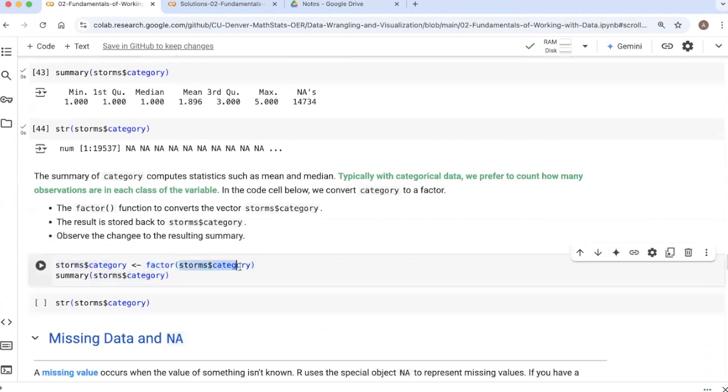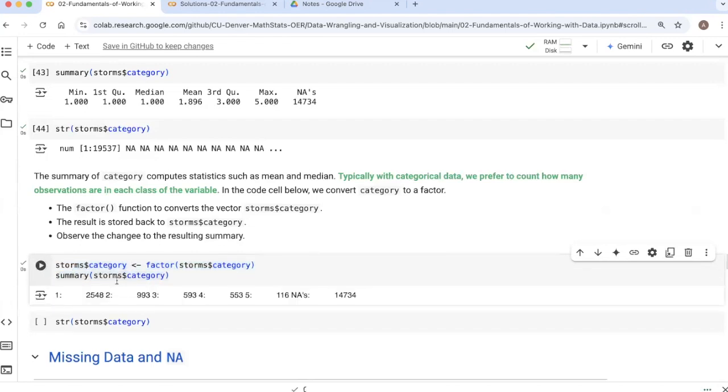So I take the storms category variable, I convert it to a factor by applying the factor function to it, and now I'm going to assign the result back on top of the original storms category column. So that's what this first command is doing. And now let me take a look at what the resulting summary is.